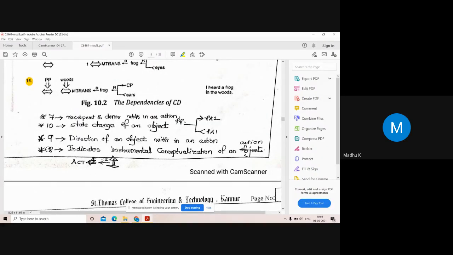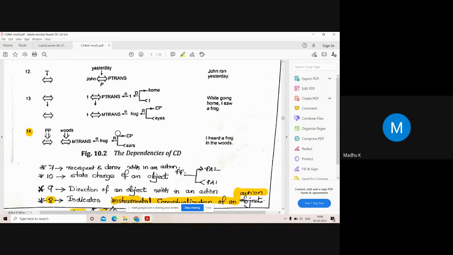So you can note here 8 indicates instrumental conceptualization of an action. That is what the 8th rule says. In that case we will represent it as Act, with an arrow mark, and above that I, then a double arrow mark. So the 8th rule is also very important.